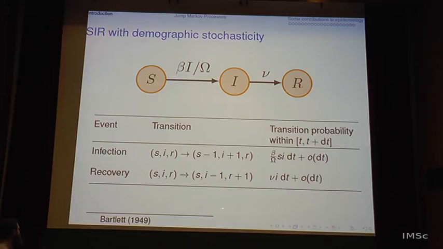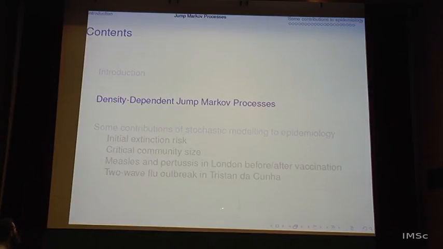So that's the Bartlett model. It's the stochastic version of the Kermack-McKendrick model. And you can see that we had to wait 20 years before this was defined properly.